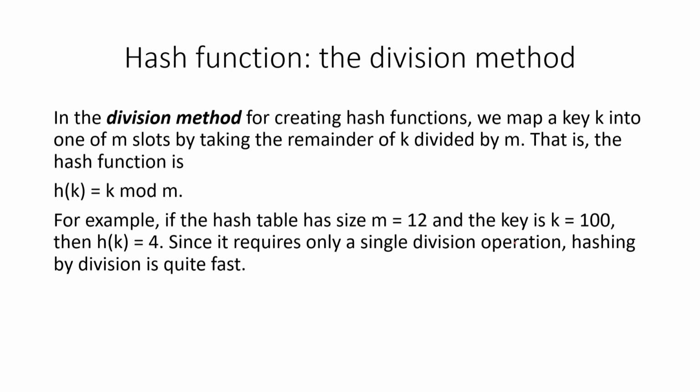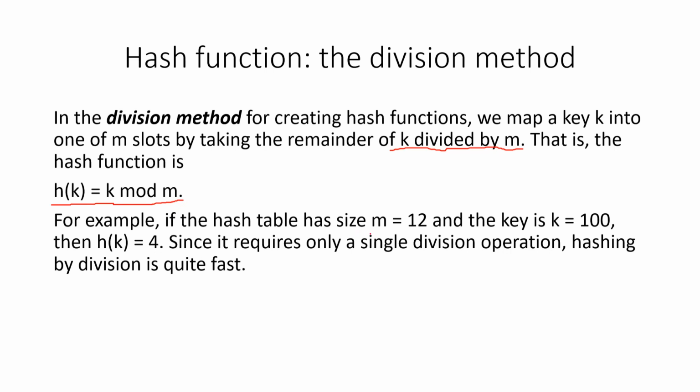Division method means that let's say that we have k, and we want to store this k in one of the m slots. So we take the remainder of k divided by m. So we have the hash function like this: we take mod m.